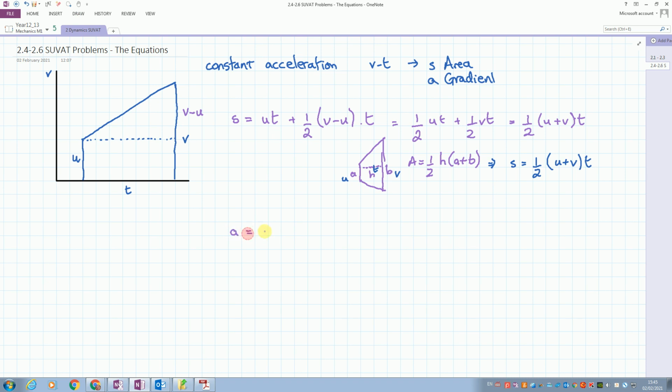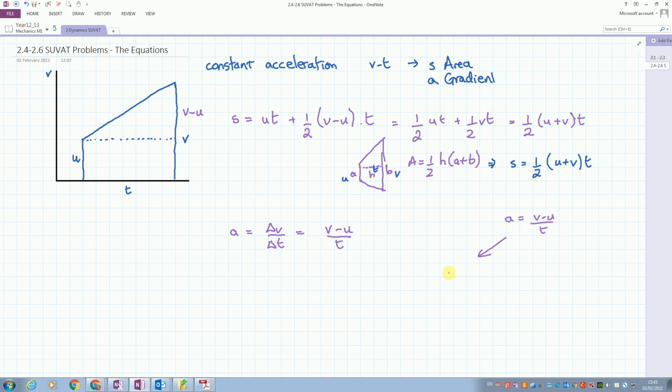The second equation comes from finding the gradient of the line. So A is the change in velocity over the change in time. Change in velocity is V minus U, divided by T, and that's our standard formula. A equals (V minus U) over T, and this one is often rearranged in a number of different forms.